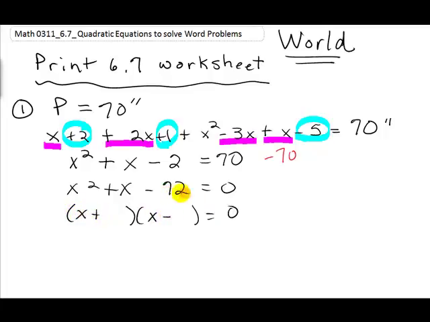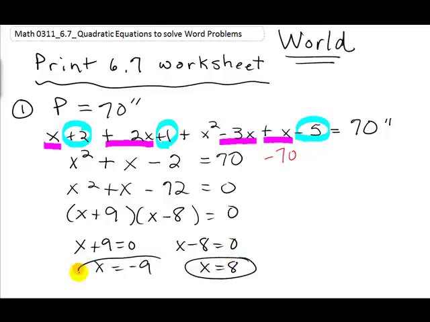We need two numbers that multiply to give 72, that will subtract to give us 1. Set them equal to 0. And we have two answers.